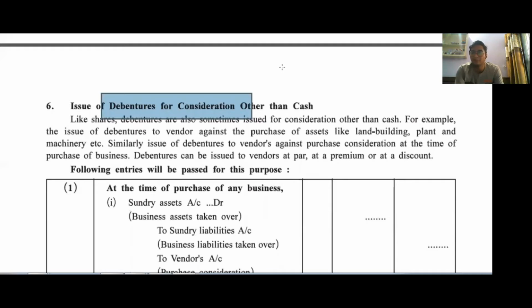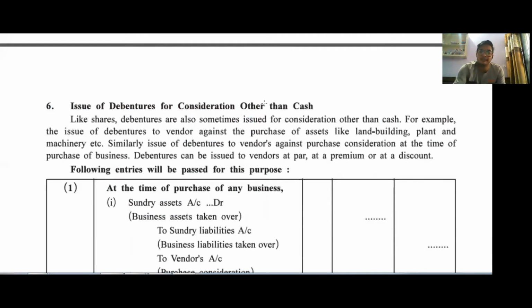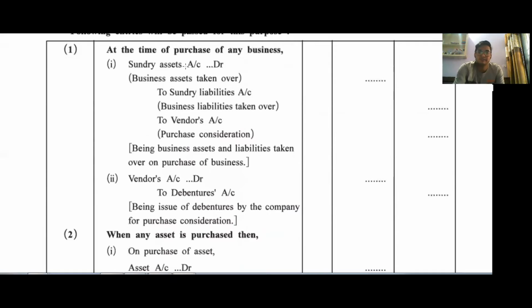But instead of cash, if the company is providing any assets, then it is called issue of debenture for consideration other than cash. In this example, at the time of purchase of asset, asset account debit to liability account, to vendor's account.